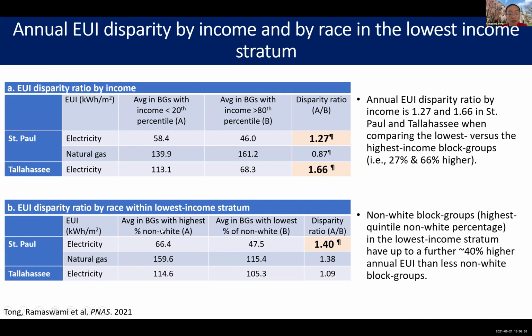That means block groups within the lowest income that have the highest percentage of non-white population can have up to 40% higher electricity use intensity compared to the block groups within the lowest income quintile but with less non-white population. So this is the way that we think can help us understand the racial impact beyond income.